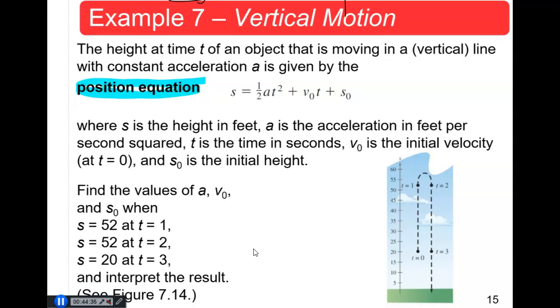For position, we use the letter S. And A is representing the constant acceleration. So for example, on our planet, I believe our constant is 9.8, but that is different on other planets.